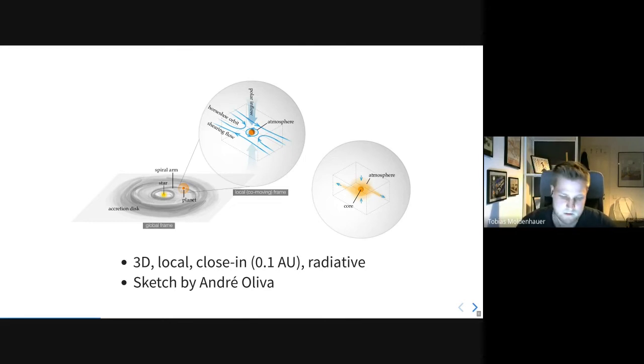And what we see is, so here you have a sketch made by my colleague Andre Oliva. You have a sketch of this shearing box. Here in the middle sphere, you see that there will a flow develop around the planetary core. And then you still have the shearing flow if you go further away, so the gas that just orbits the star. And at the orbit of the planet, you have then these horseshoe orbits.